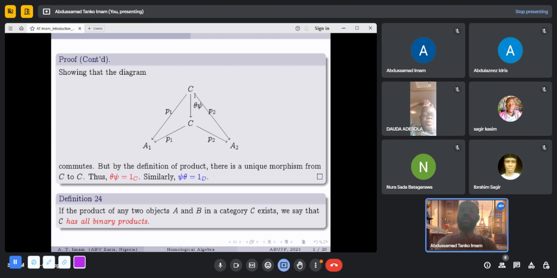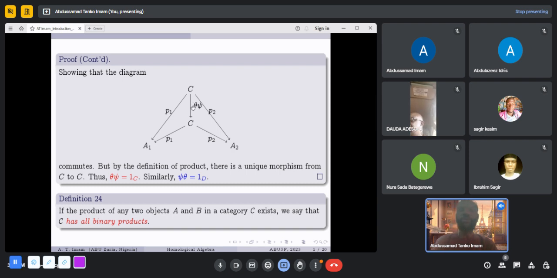But we know in the category we have a morphism uniquely defined from here to here that makes this diagram commutative, and that morphism is identity, which means this composite must be the identity morphism by the uniqueness, because if we replace this composite here with the identity, it will make this diagram commutative.